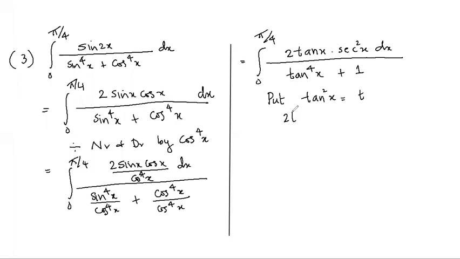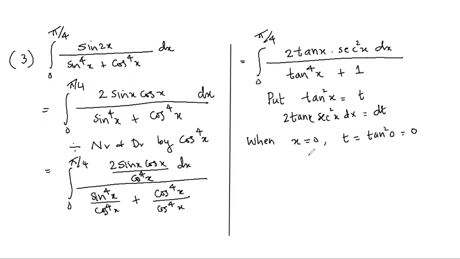So that 2 tan x into the derivative of tan x dx can be replaced by dt. Then what is the most important thing to remember? We are changing the variable to t, so the limits also should be changed. When x takes value 0, how much is t?